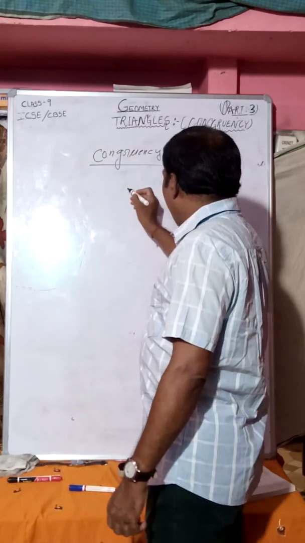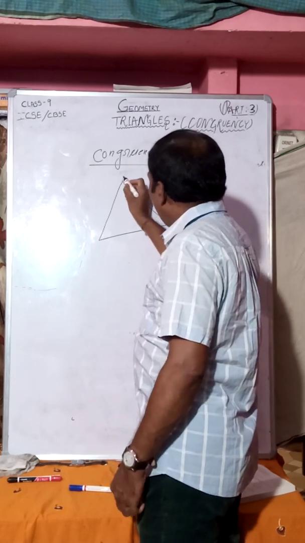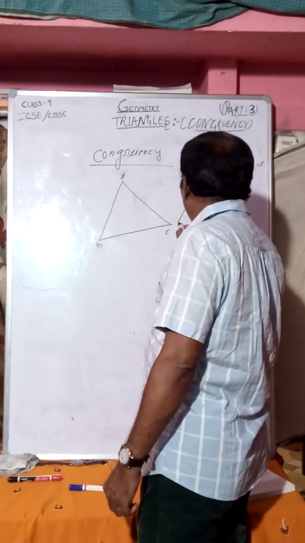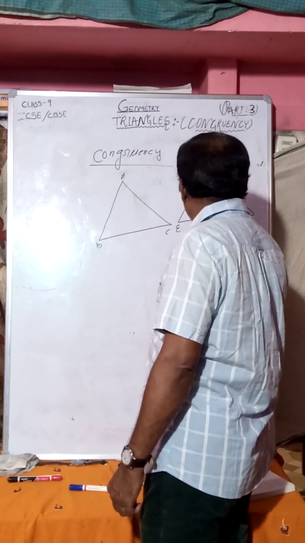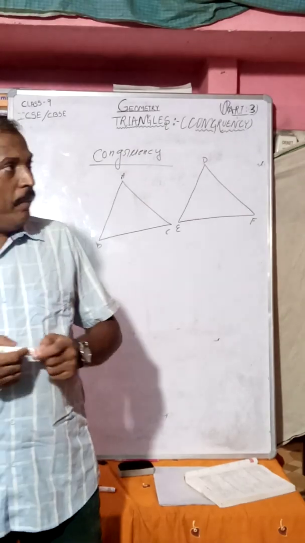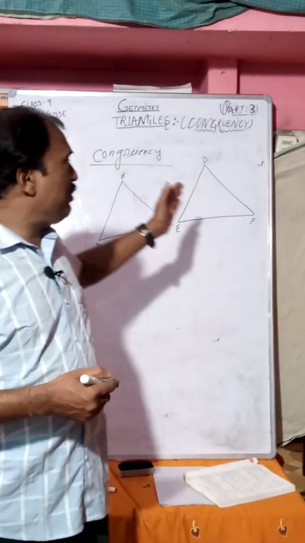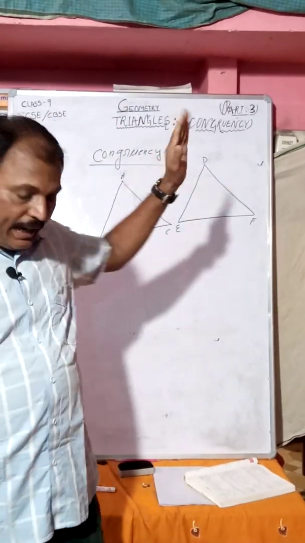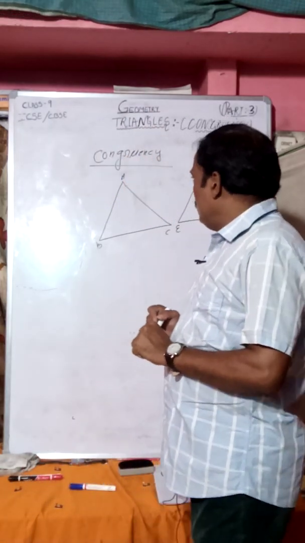Now here is a triangle ABC, and another triangle DEF. Tomorrow we will discuss the congruency conditions, but now I tell you some interesting points.